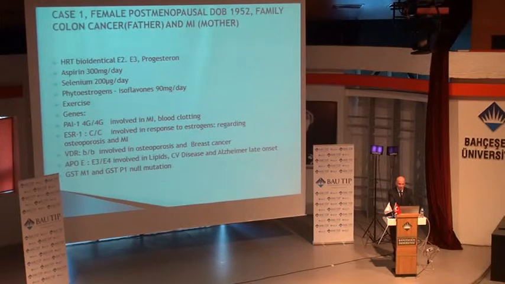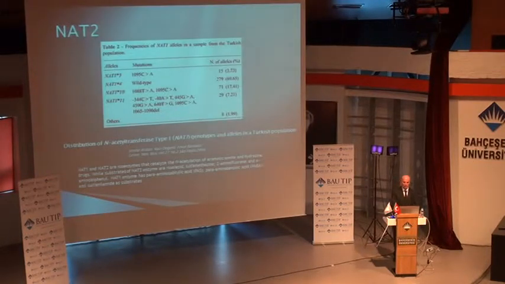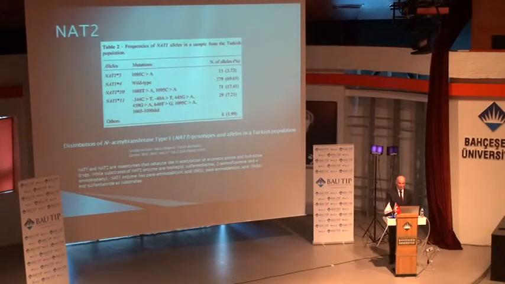The estrogen receptor alpha, the ESR1 gene, is involved in response to estrogen. Vitamin D receptor, small b, is involved in osteoporosis and breast cancer. ApoE is involved in lipids, cardiovascular disease, and Alzheimer's disease, and there is glutathione transferase M1 and P1 null mutation. The NAT2 was as well.